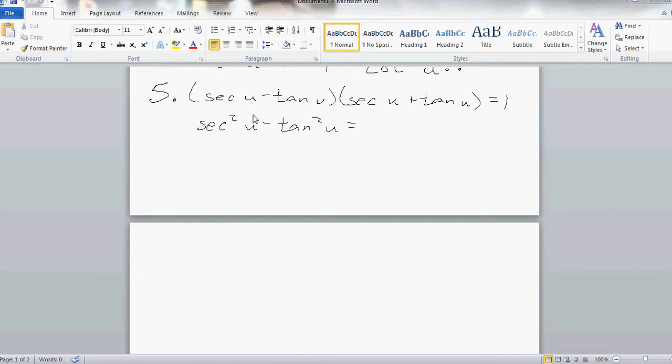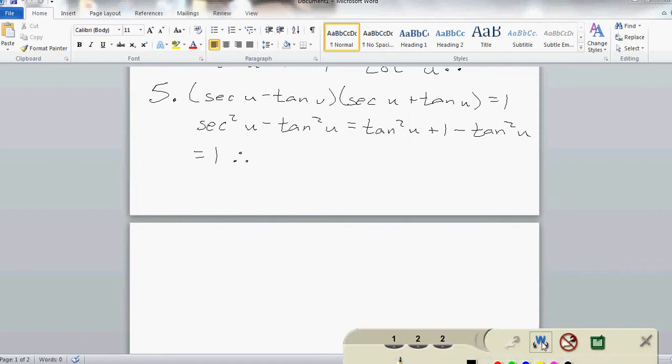Secant squared of u can be written as tangent squared of u plus 1, and then we still have that minus tangent squared of u. But very easily, tangent squared of u plus 1 minus tangent squared of u equals 1, which is exactly what we wanted it to equal, and so we have proven what we needed to prove.